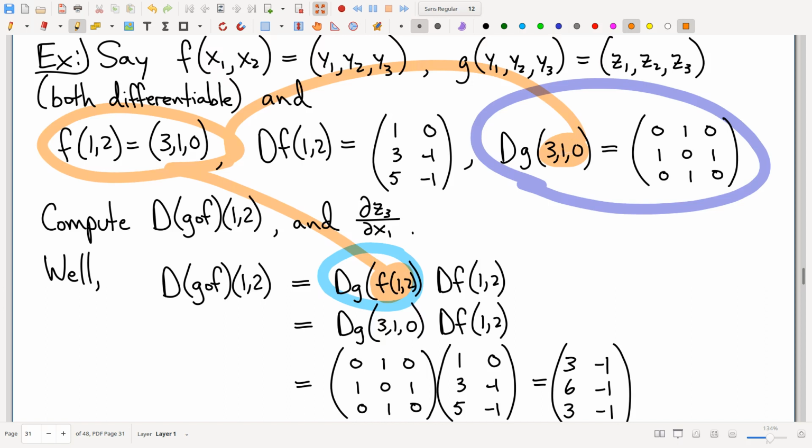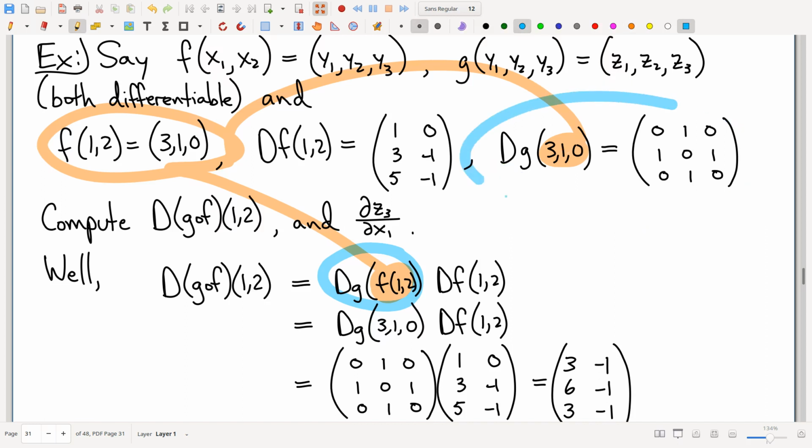So even though it didn't immediately present itself as such, where we need our DG to be evaluated is conveniently where the DG we're given was evaluated. How handy. Everybody good? So this is actually this, and thus that.